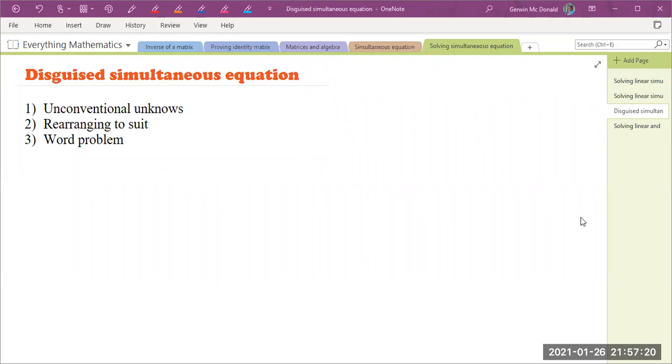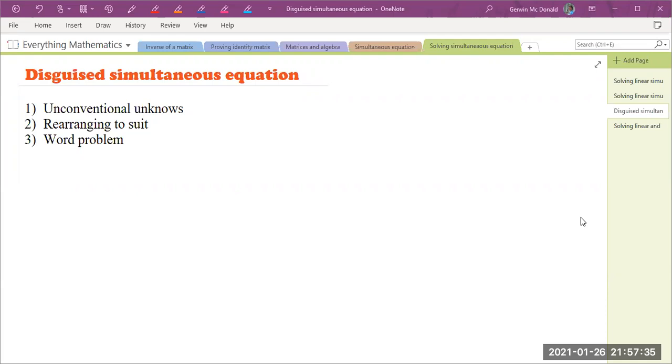And today we're continuing our series on simultaneous equations. We're going to dig a little deeper into identifying and working with simultaneous equations.